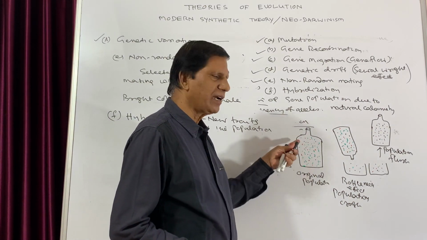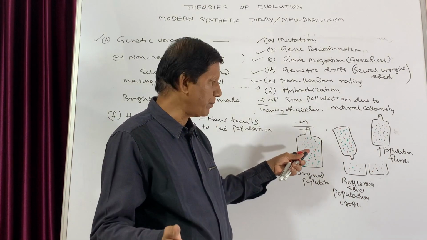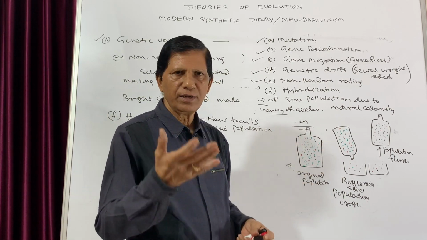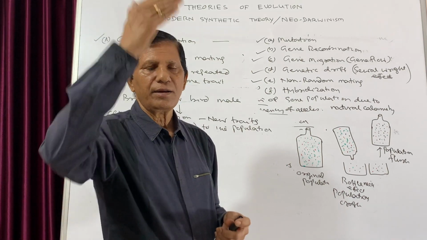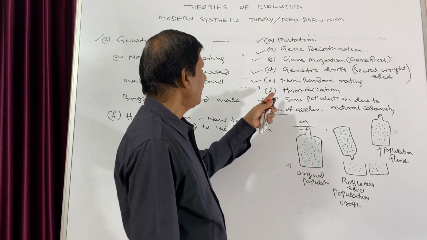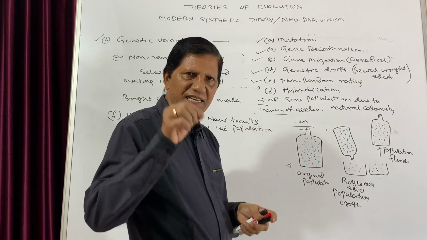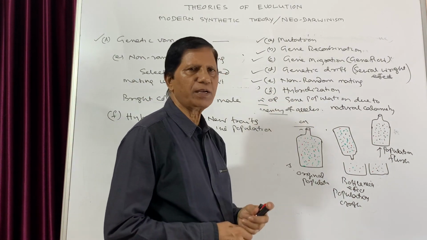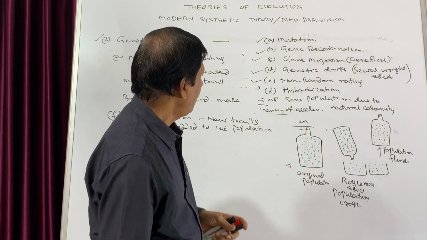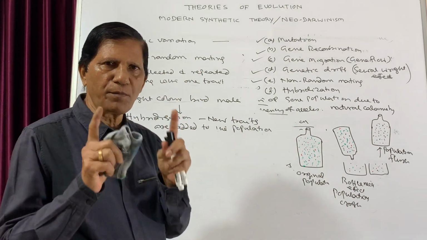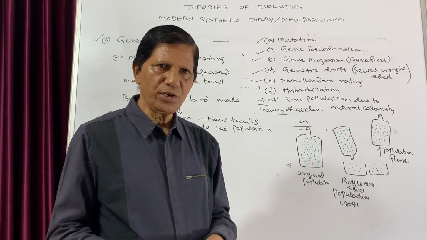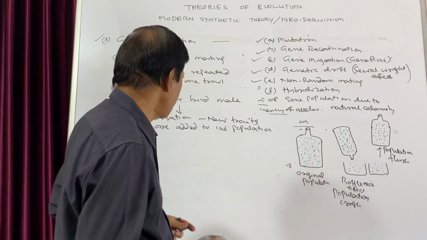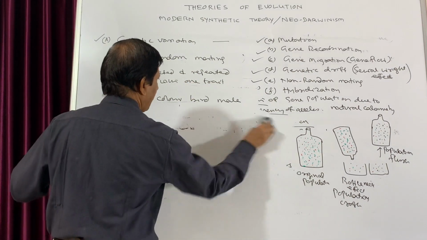The allelic frequency of the original population is disturbed, and we have explained it with, suppose, a fire in a high-rise building. Then variation may take place due to selective mating, which is non-random mating, and it may also take place due to hybridization. So this is genetic variation, which is the raw material for evolution. Other points we'll discuss in the next videos, but now let us discuss the questions relating to this part.